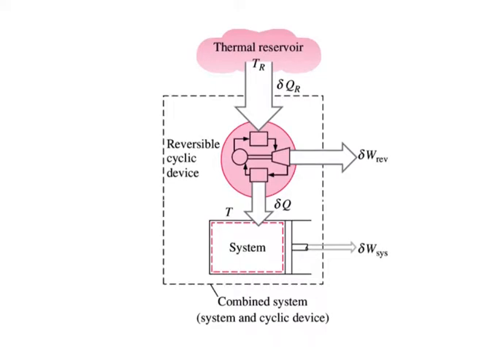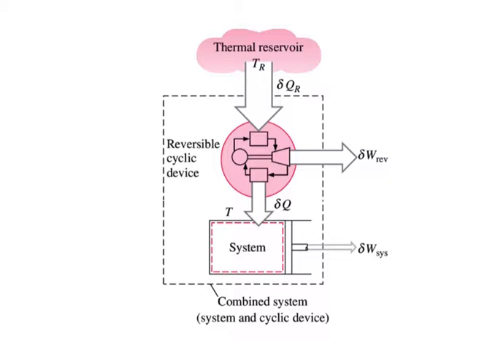To demonstrate the validity of the Clausius inequality, consider a system connected to a thermal energy reservoir at a constant thermodynamic, that is absolute temperature of T_R through a reversible cyclic device.